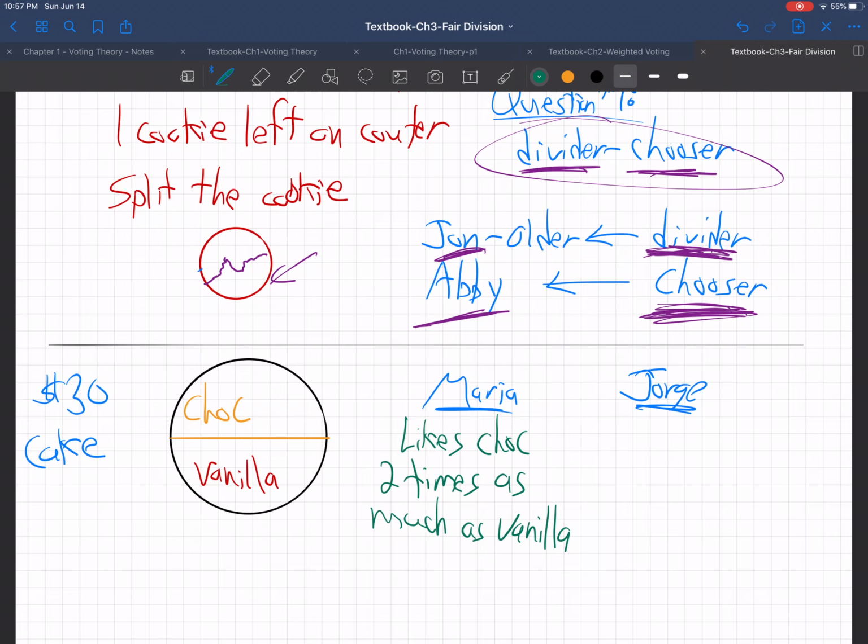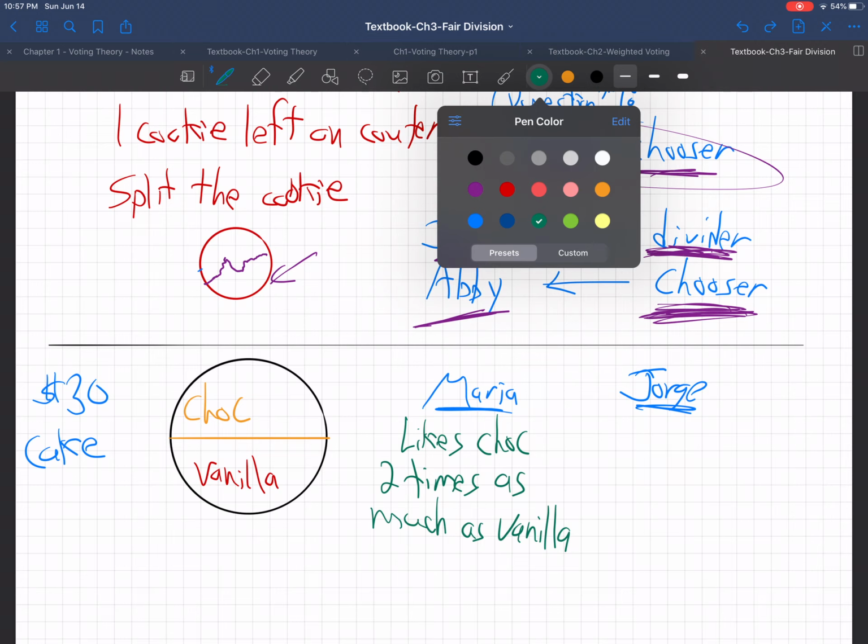So in other words, if you made the cut right here and gave Maria the vanilla half, she would feel she'd been robbed. She would not feel that was a fair division because she thinks there's more value in the chocolate half than in the vanilla half. At least that's how she feels.